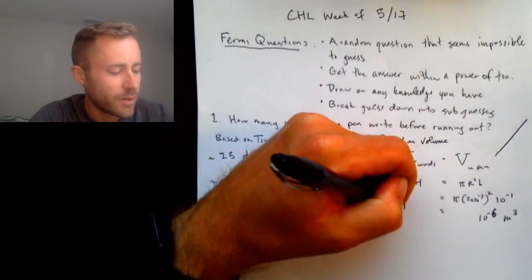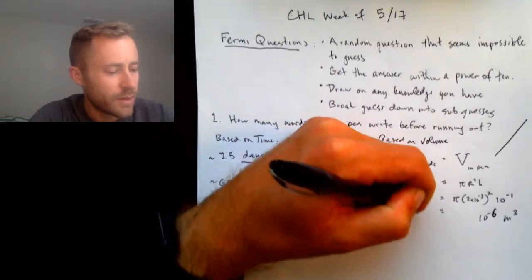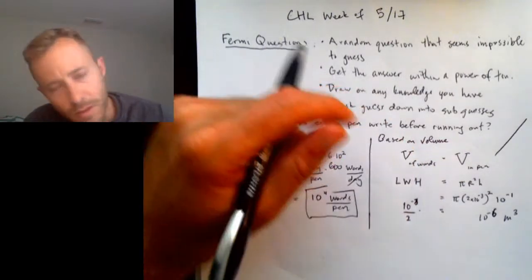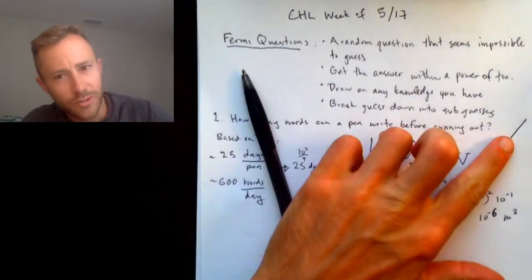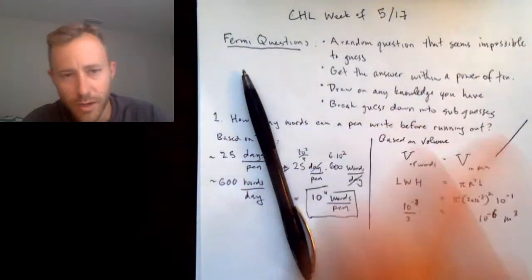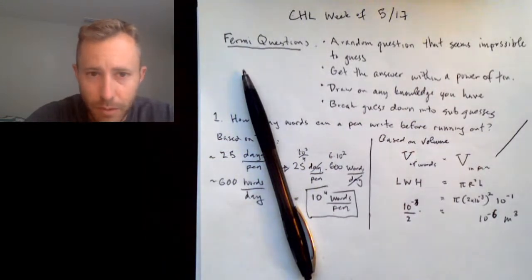So 10 to the minus 3 divided by 2. And then what is the thickness above the page of this line that I have drawn, of this smudge that I have made? So this one is tough to estimate, okay? It's tough to estimate.